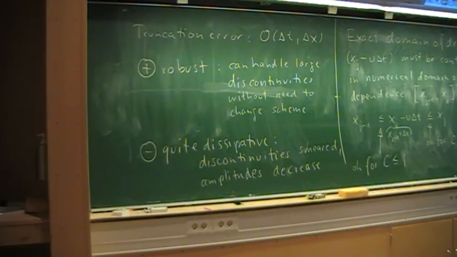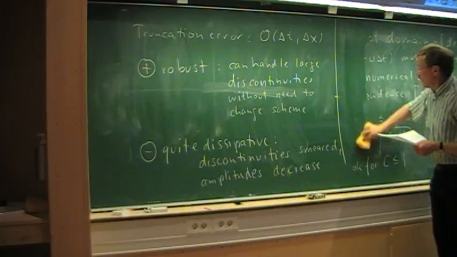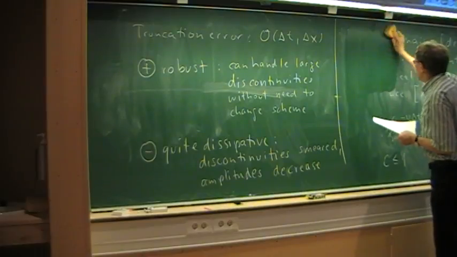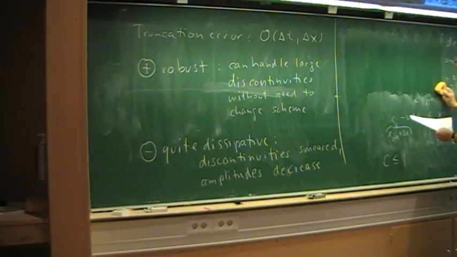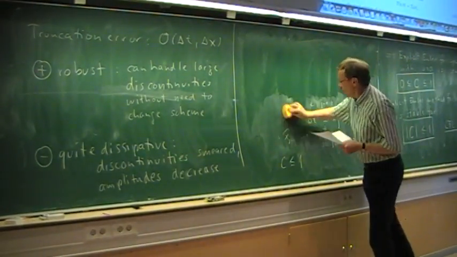There is one important exception to all this, where the method actually is accurate, in a particular situation, when the Courant number is 1 for u positive, or minus 1 when u is negative.